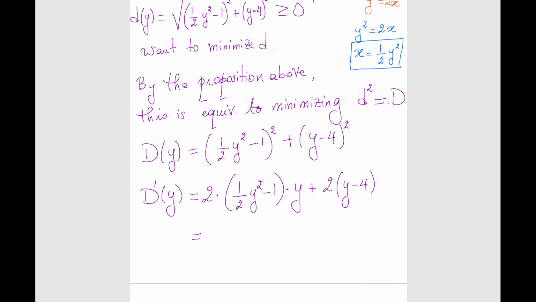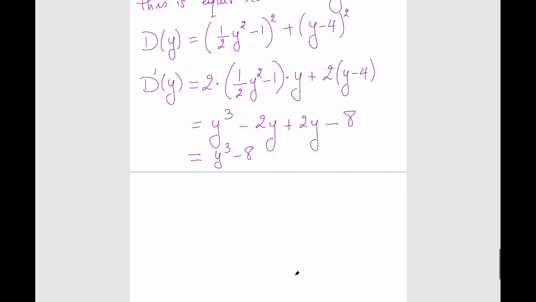Can we do it quickly? 2 times half times y squared is y squared, times the y is y cubed. 2 times negative 1 is negative 2, and negative 2 times y is negative 2y, plus the 2y, it's just doing algebra here, minus 8. And this means y cubed minus 8, right?